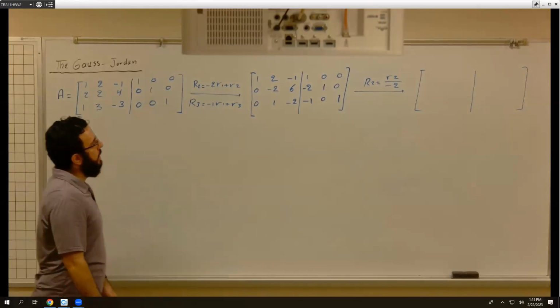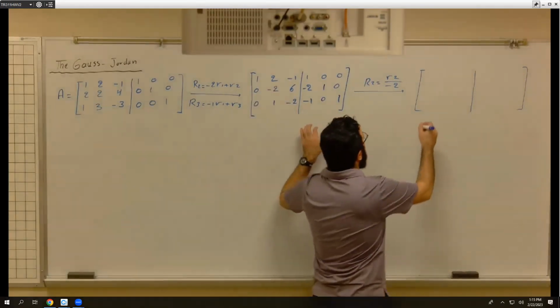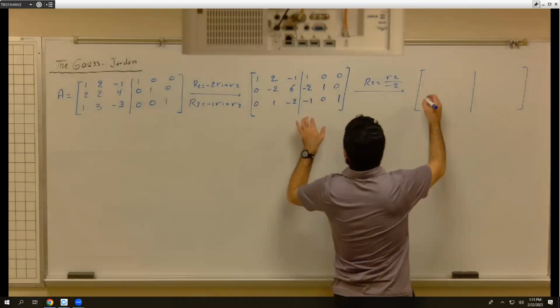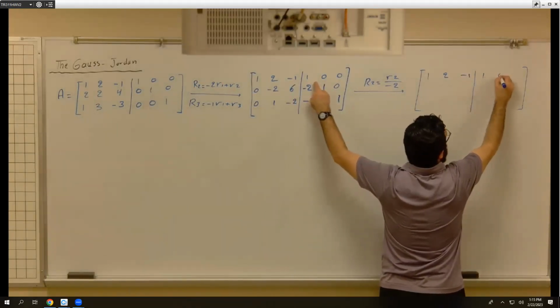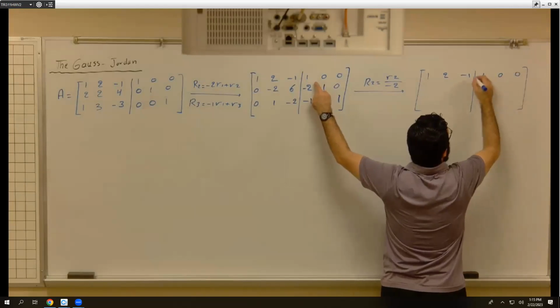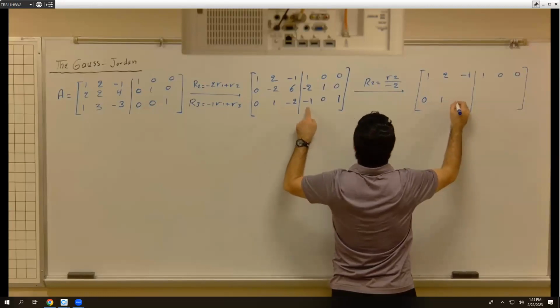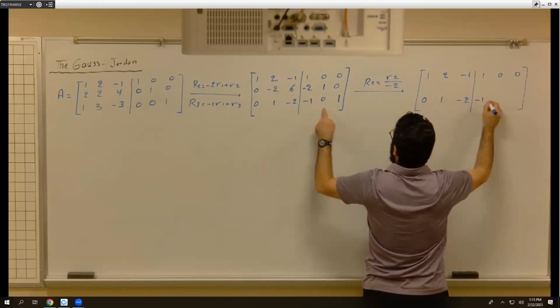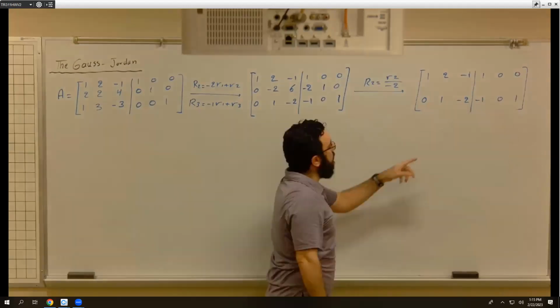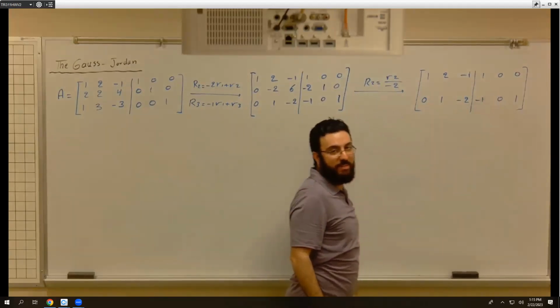That means R1 and R3 are going to be the same, which is 1, 2, -1, 1, 0, 0. And R3 is going to be the same: -1, 0, 1.